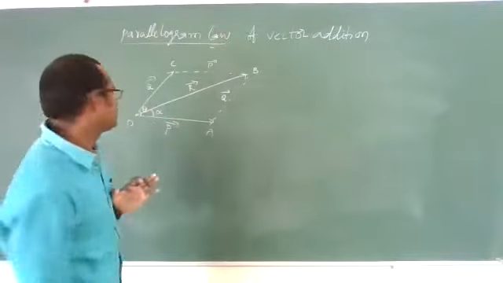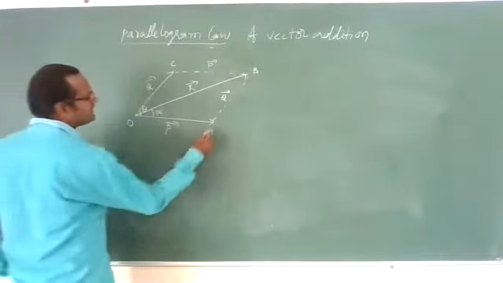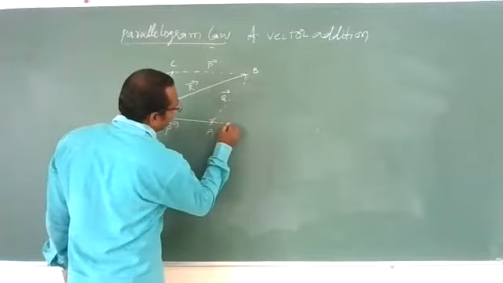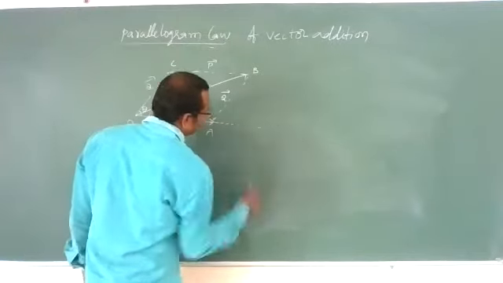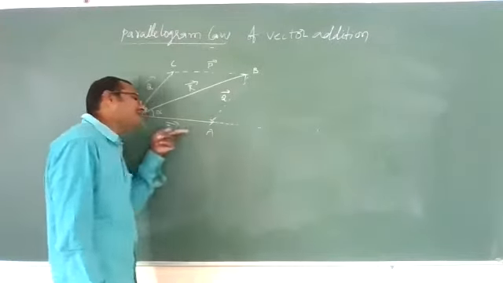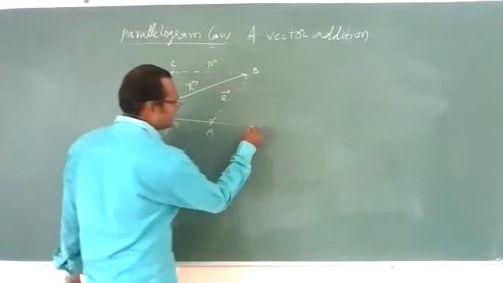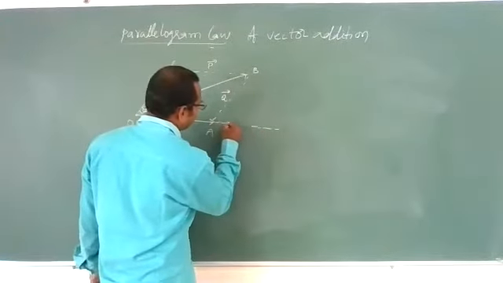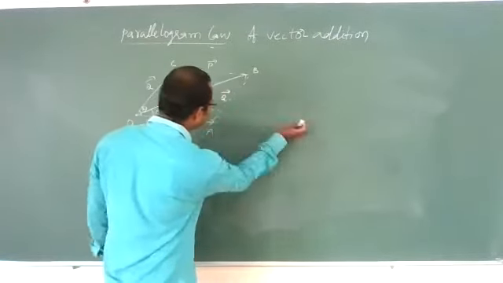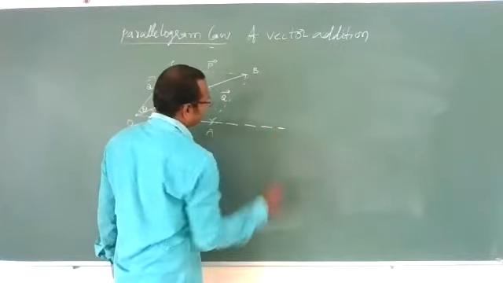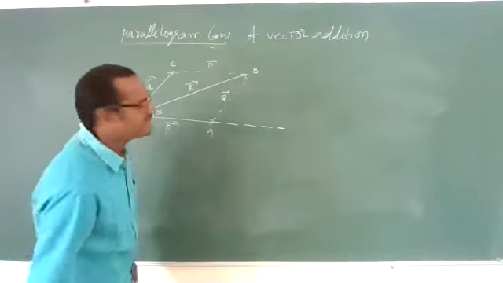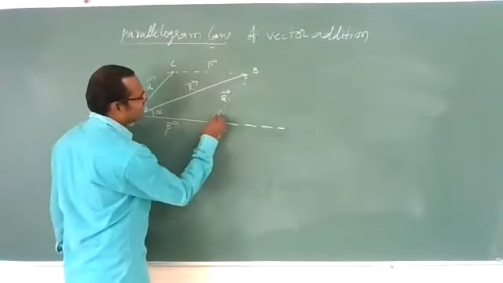Now what I am doing is, I am extending this A in the direction of P bar. P bar I am extending in a straight line, like this. After extending this, this is Q bar now.